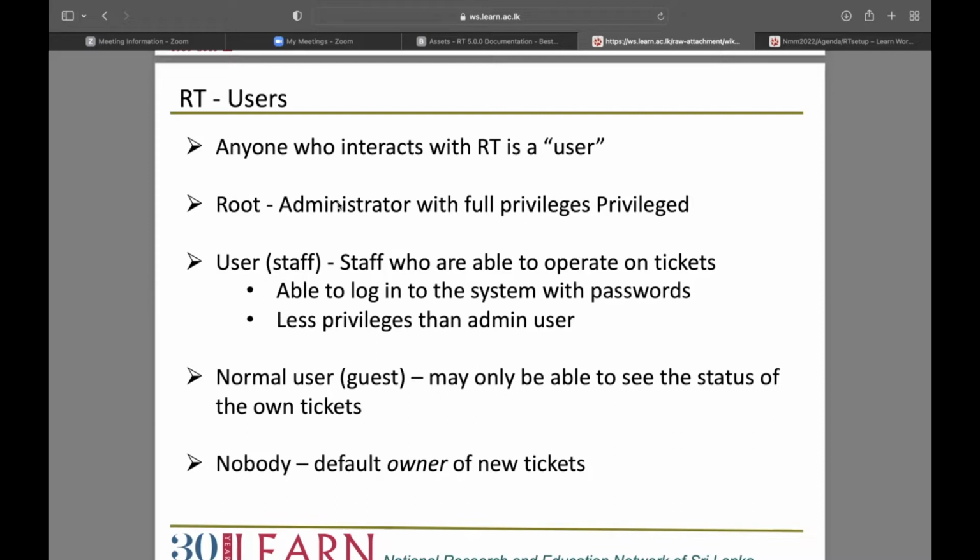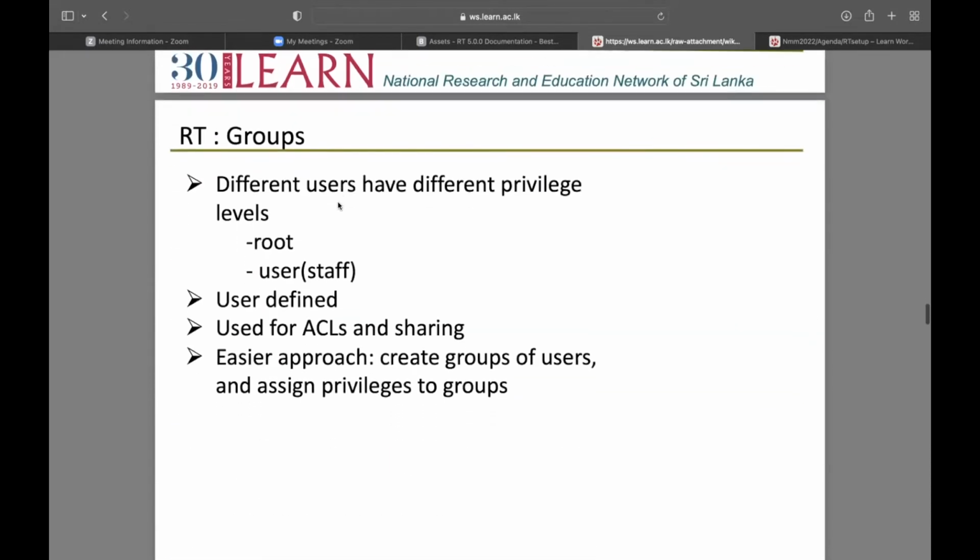And the root has all the administrative privileges, and staff means the users we are creating, and normal users, and nobody. There's something called nobody. That means no one is owning a ticket. Owning means... okay, let's see that feature later.